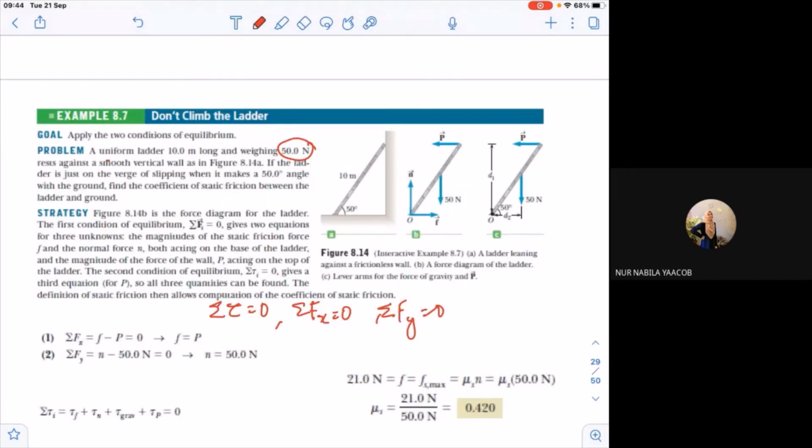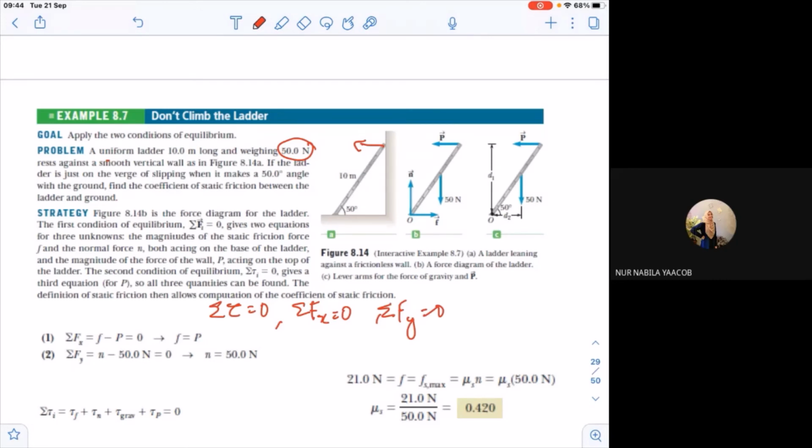But smooth vertical wall. Smooth vertical wall, that means tidak ada friction. So no friction, just involve a normal force. Normal force lah daripada wall. If the ladder is just on the verge of slipping when it makes a 50-degree angle with the ground, find the coefficient of static friction. Let's look at the situation.